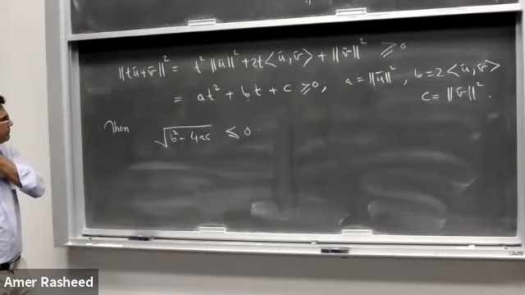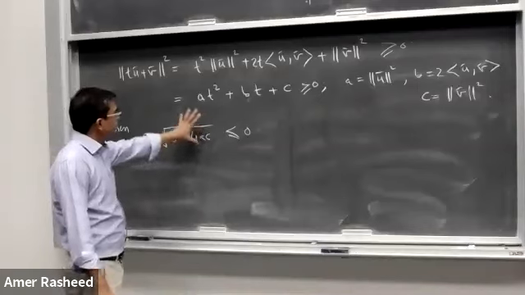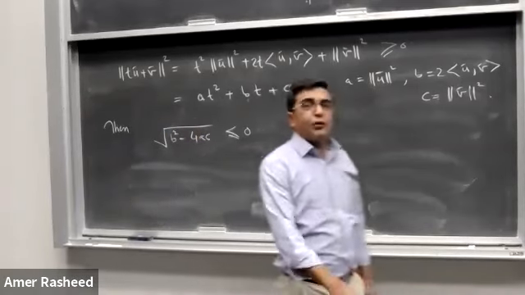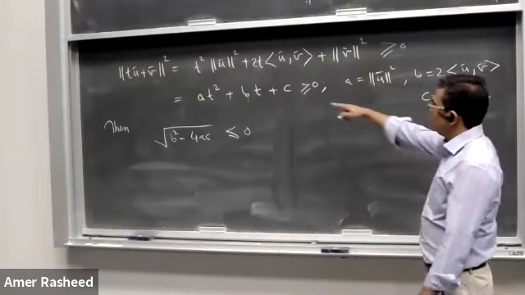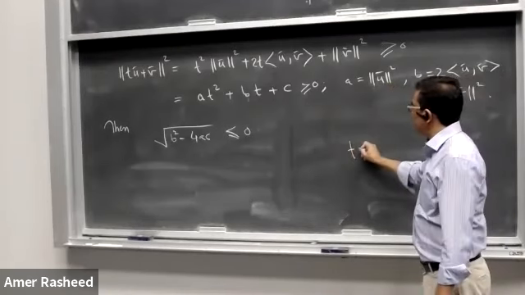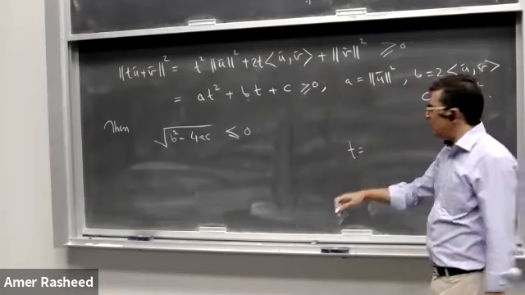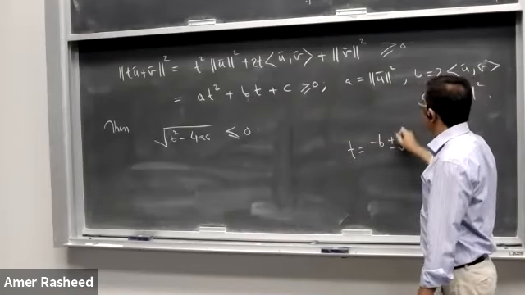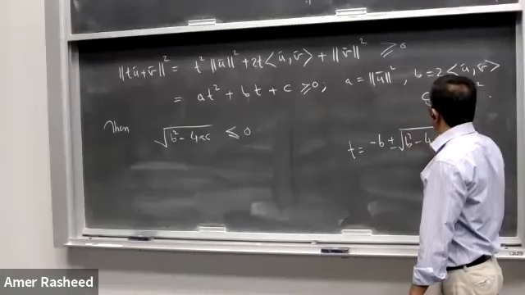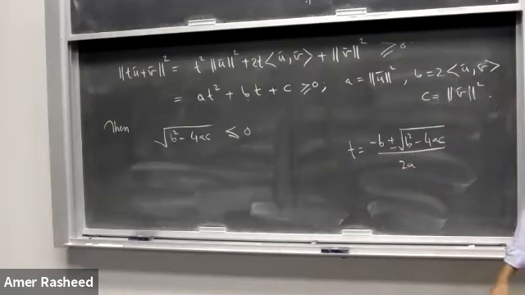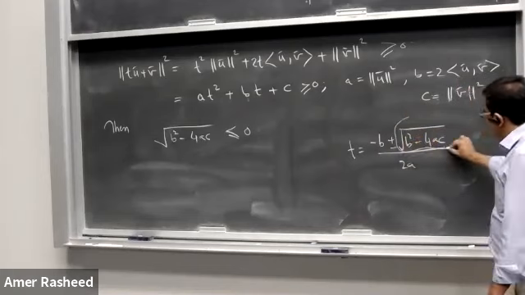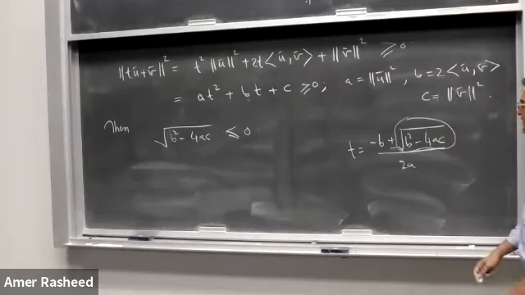I hope you get it. This is what you call the discriminant of a polynomial. And where does this discriminant come from? When you try to find the roots of this polynomial, you have the quadratic formula, minus b plus or minus square root of b square minus 4ac, divided by 2a. This is how we can find the roots of a quadratic polynomial. The thing inside the square root is called the discriminant of that polynomial.